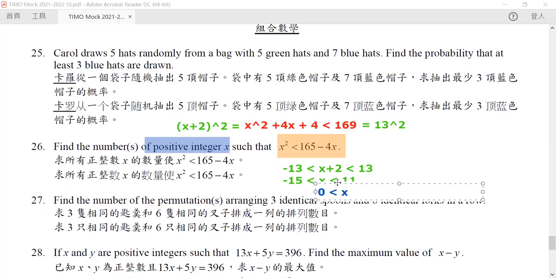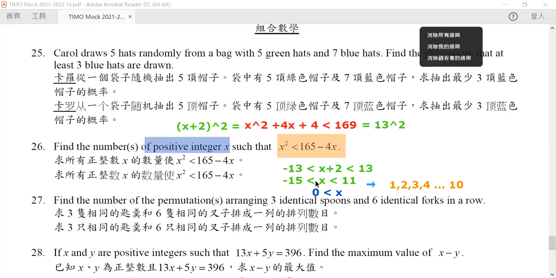If we combine these two together, we immediately find out that all the values of x are from 1 up until 10. So how many numbers are there? 10 numbers. Okay, so this is our question 26.